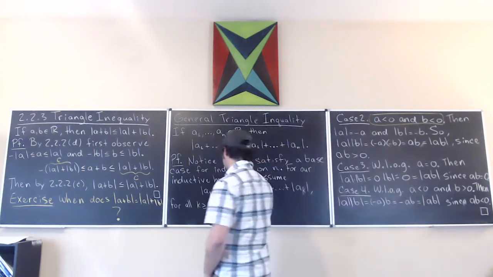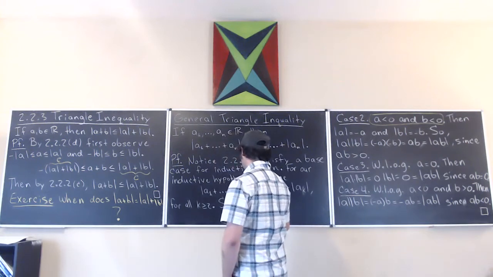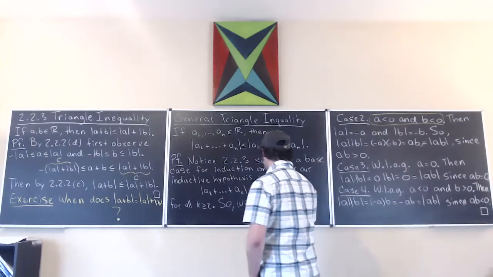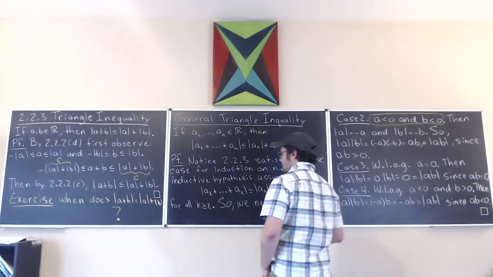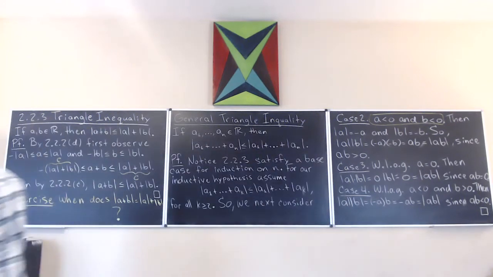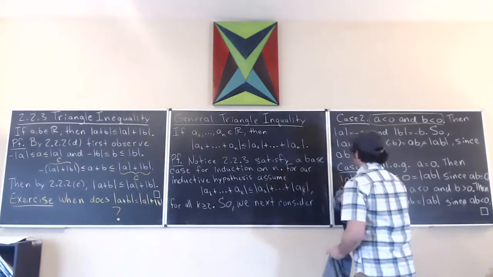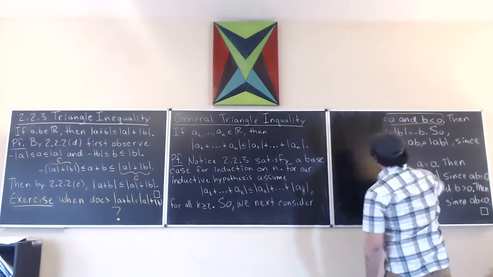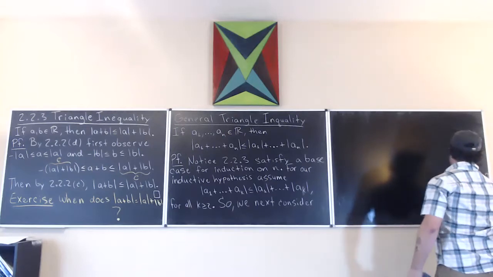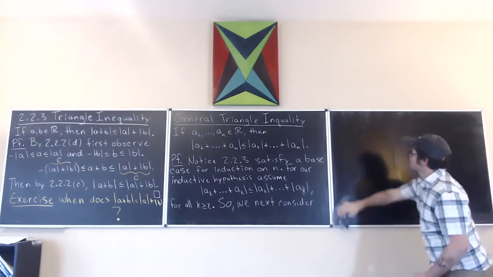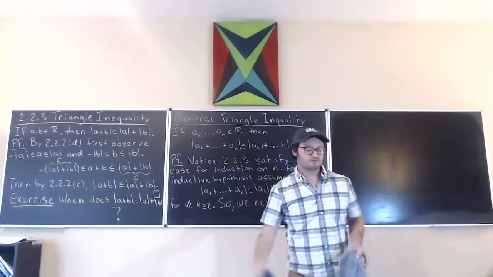We next consider, we need to erase over here. So we're going to consider a sum of k plus 1 elements.